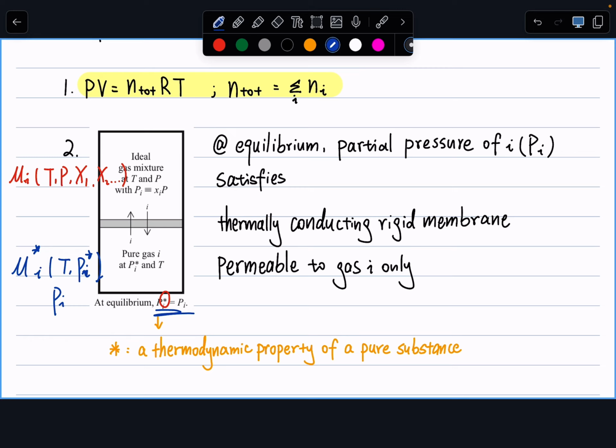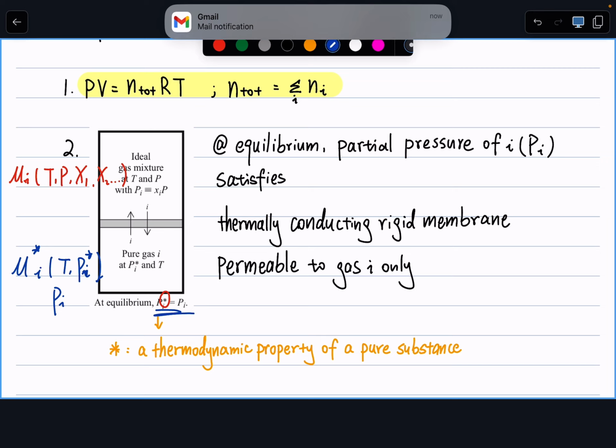And since these two are in equilibrium with each other, this term here, mu A, must equal this term here. Right, so these two chambers are in material equilibrium with each other. They must have the same chemical potential. With me so far?